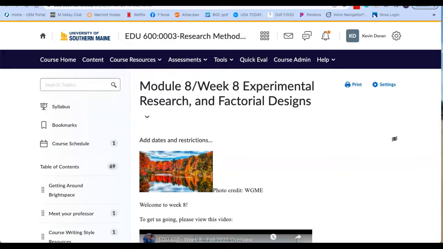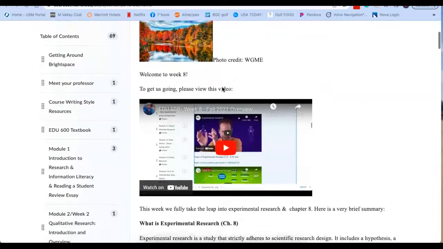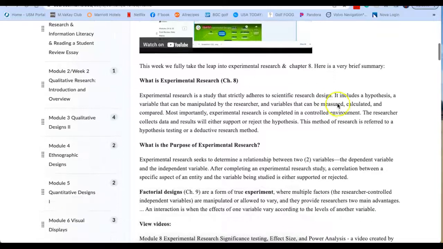So let's get right to week number 8 and experimental research. In experimental research, I put some summaries in here. Experimental research is a study that strictly adheres to the scientific research design.